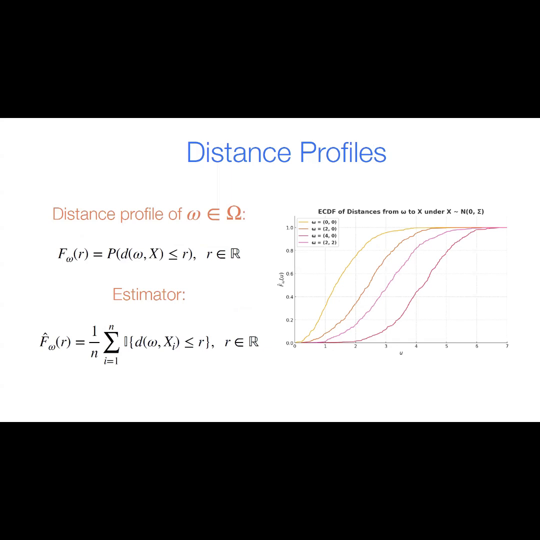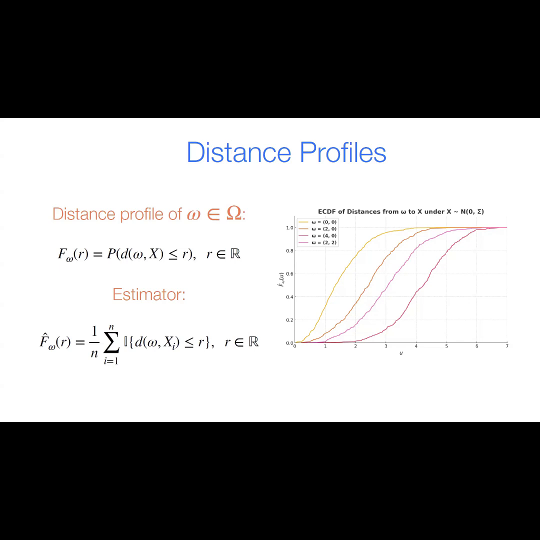So, from how we estimate it, it is the proportion of data points included in balls of increasing radius around omega. So that is the distance profile of omega. It's just how the distances around omega are distributed given the data distribution.